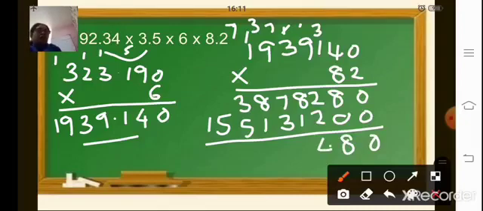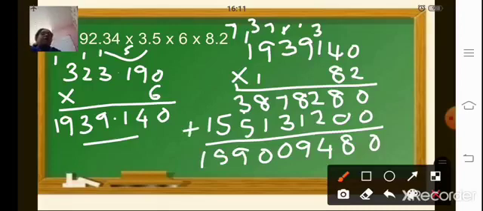2 plus 2 is 4, 8 plus 1 is 9, 7 plus 3 is 10, 1 carry over, and so on, and then 5 and then 1. Okay, now you will place the decimal point here. So that is after how many places? 2 places here, 1 place here and 1 place here.